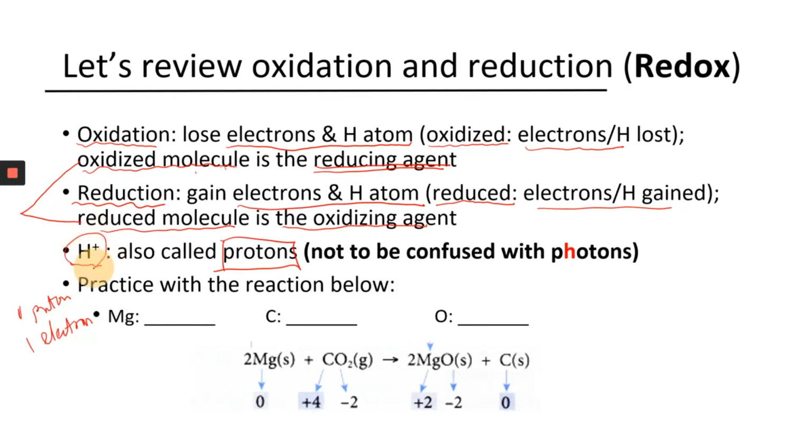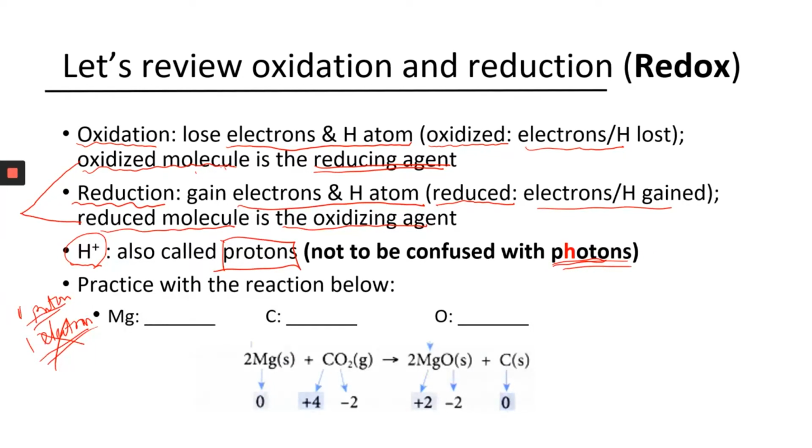So the hydrogen ion has already lost that one electron. So what's left is just one proton. Okay, so that's why sometimes we call hydrogen ion the proton. Now make sure you don't confuse protons with the photons. So photons are light particles that carry a lot of energy. So photo means light. So if you can remember that, then you know what photons are.